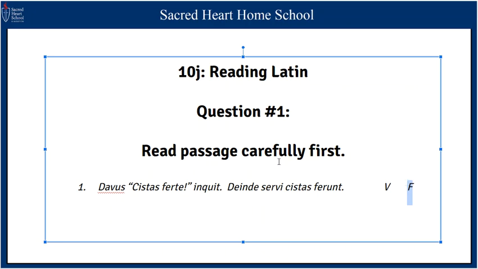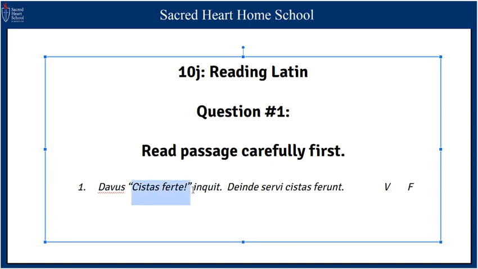So the first question says, Davus kistas ferte, inquit, deinde servi kistas ferent. So, Davus says, bring the trunks, kistas ferte. I think from one of our imperative exercises, you saw ferte is the plural command form to bring or carry.